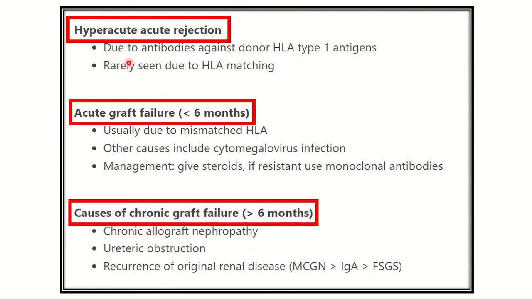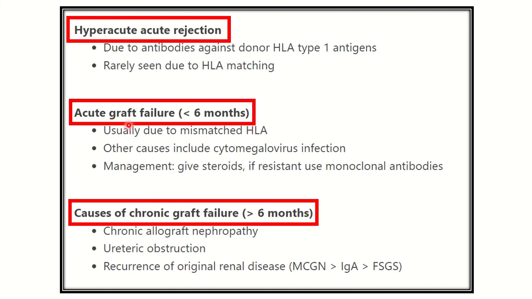Hyperacute rejection occurs due to antibody against the donor HLA type 1 antigen. That means the antigen is present in the donor kidney but the antibody is present in the recipient's body. So it's rarely seen now.